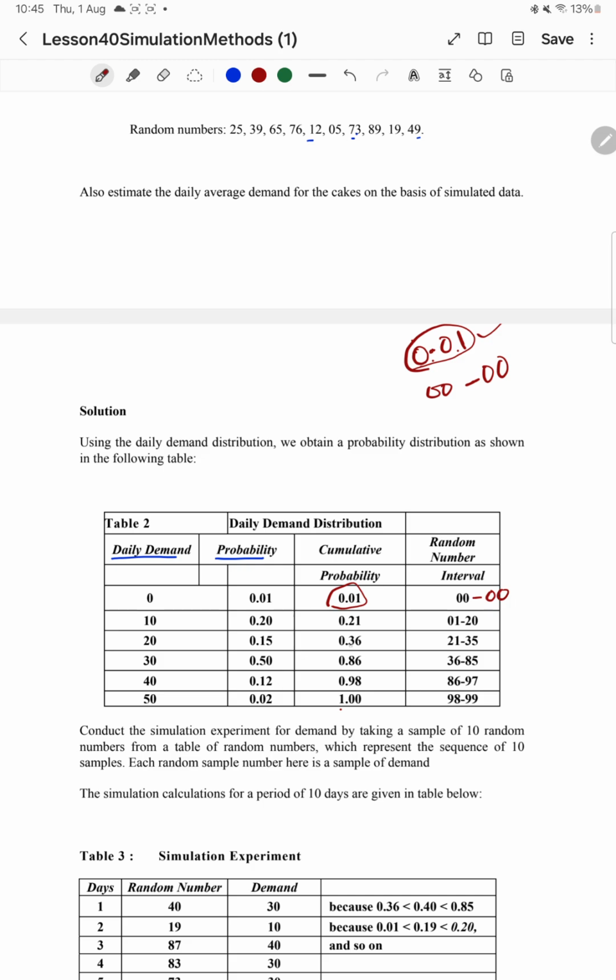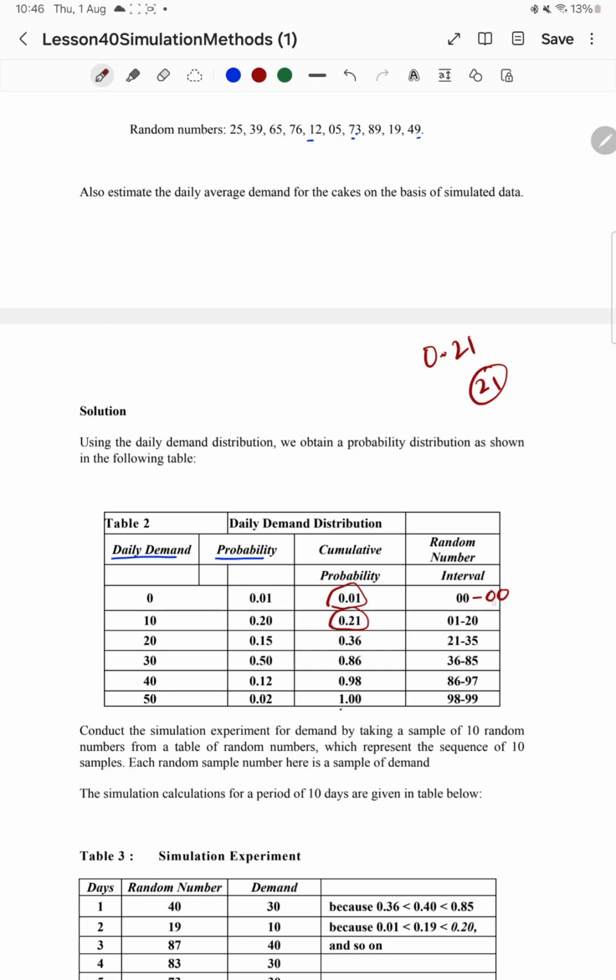Next, the second cumulative probability is 0.21, let's say 21. Now the next random number interval starts next to the previous.